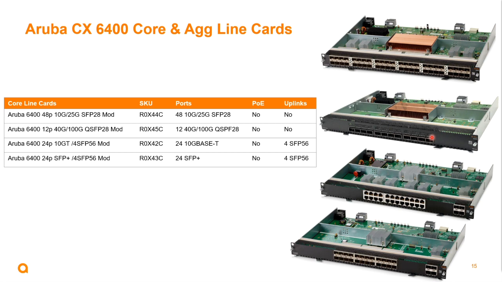This is also a high capacity card with profiles. And then we go to the 10 gig copper based 24 port 10GBASE-T card here, which also provides us with 50 gig uplinks. And then finally we have the 24 port SFP56 card, which also provides us with 4 50 gig uplinks.